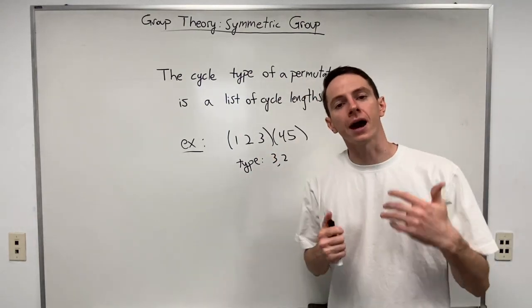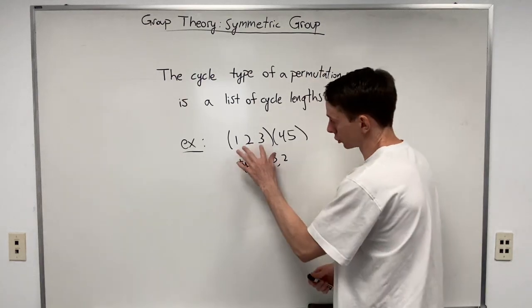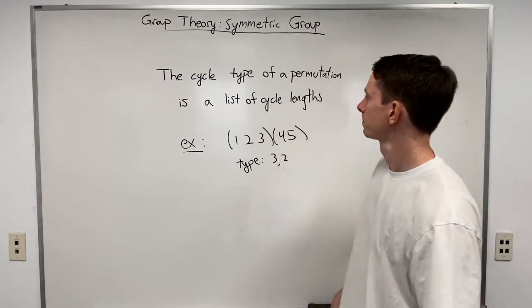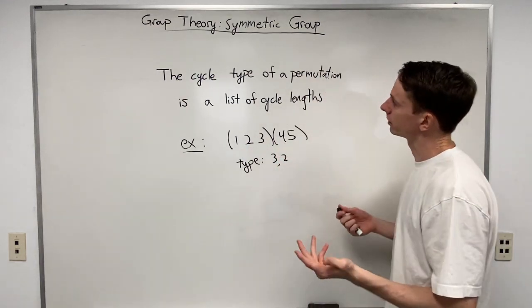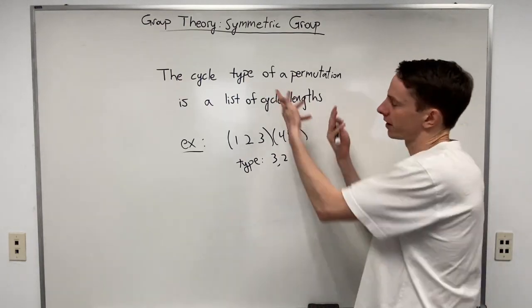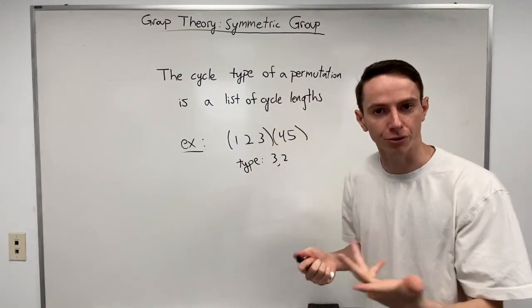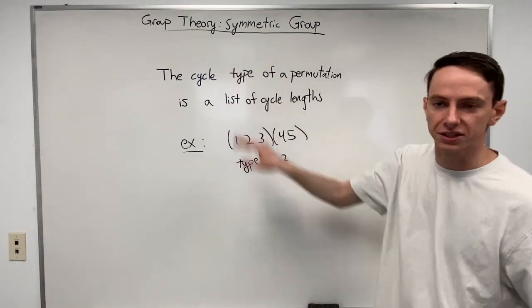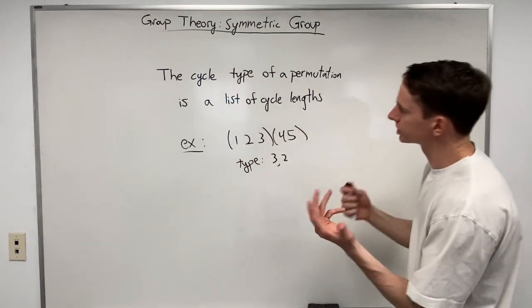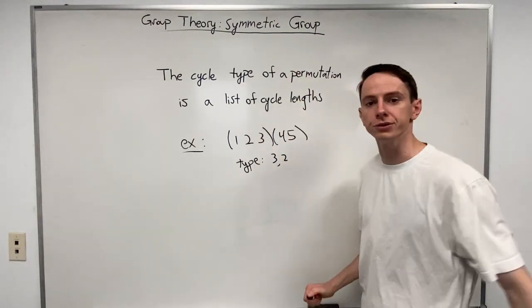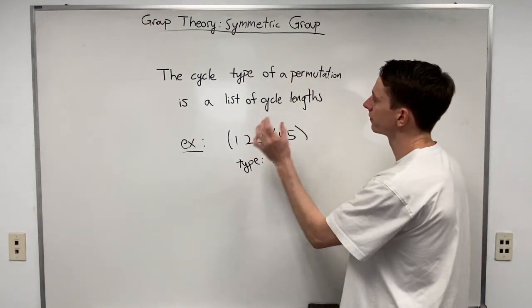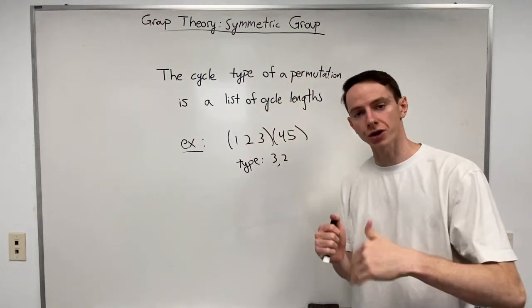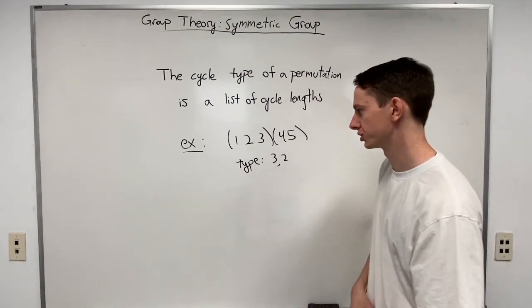And when we write out a permutation in terms of disjoint cycles, then we can define a property of that permutation called the cycle type. And that's what this sentence is right here. So we're saying that the cycle type of a permutation is simply the list of the cycle lengths when written out in disjoint cycle notation.